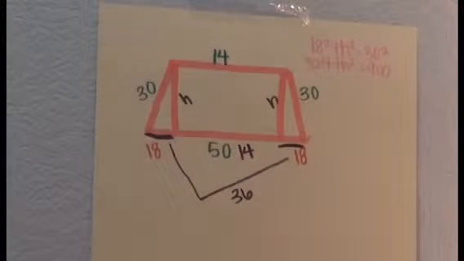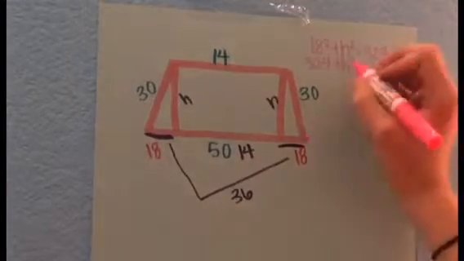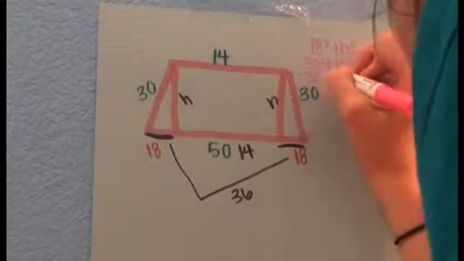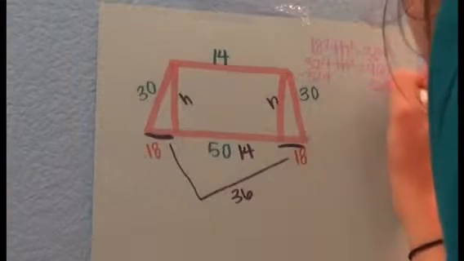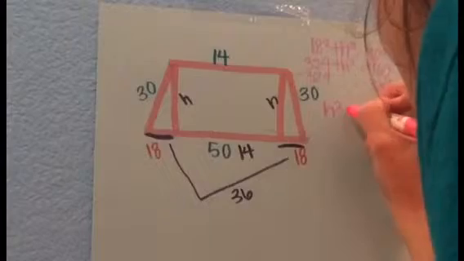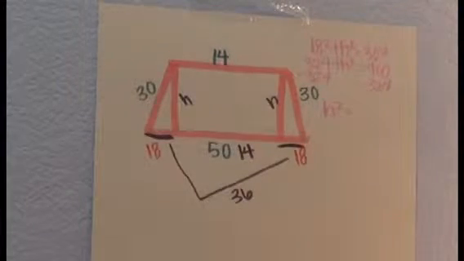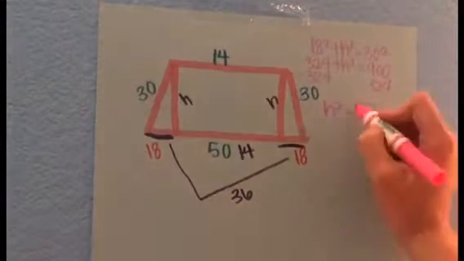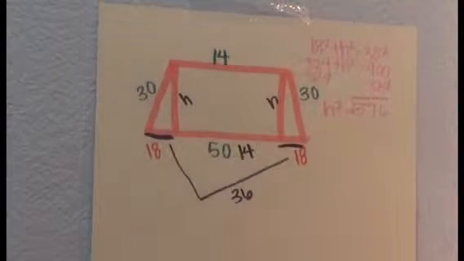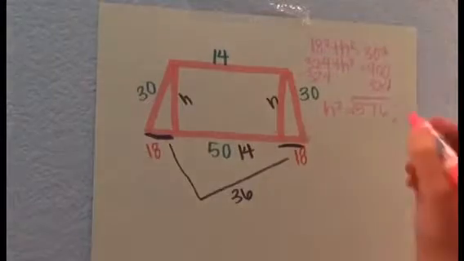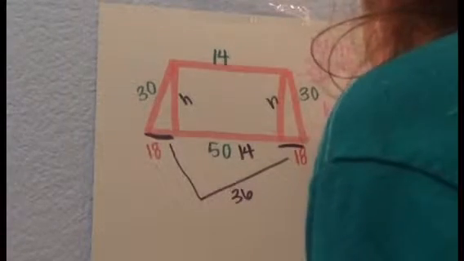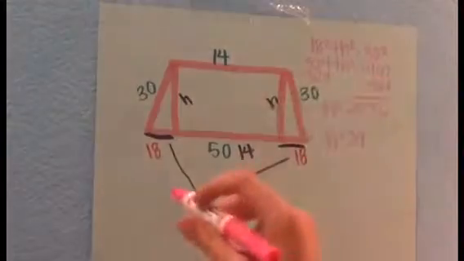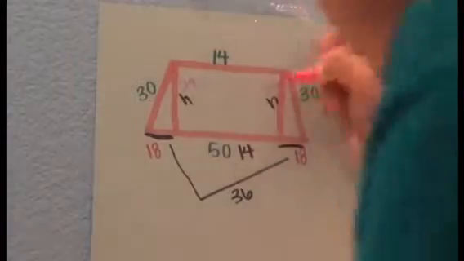So to get h squared by itself, we have to subtract 324 out of 900. So h squared gives us 576. And to find h by itself, we have to use the square root of 576, which is 24, so h equals 24. So now we found the height, which gives us 24, and now we can solve this problem.